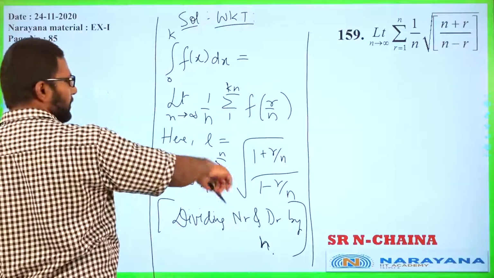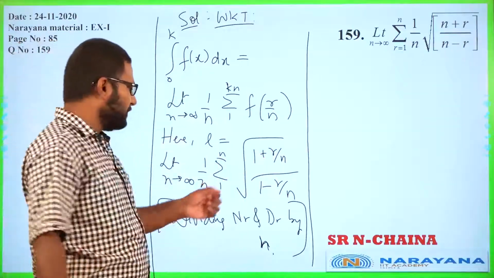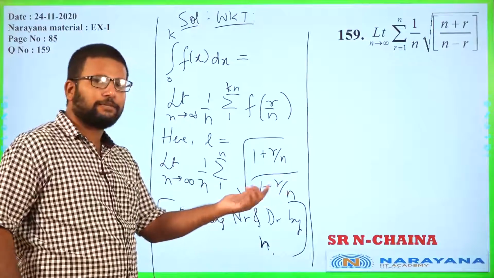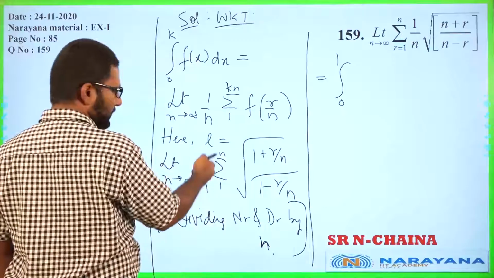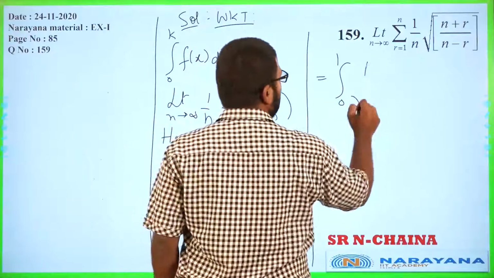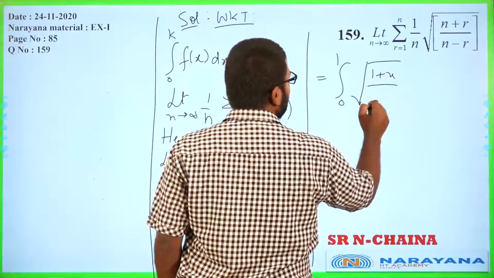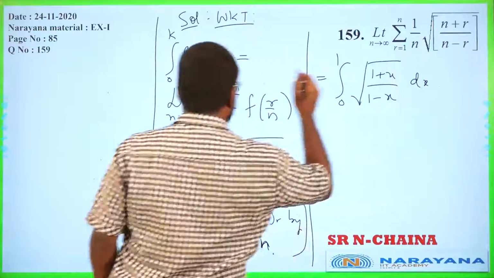Once you do that, now again mentally this becomes root of 1 plus x upon 1 minus x. Just do that. So this is integral 0 to 1, integral 0 to 1 root of 1 plus x upon 1 minus x dx.